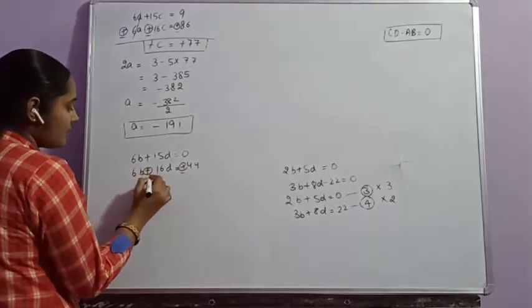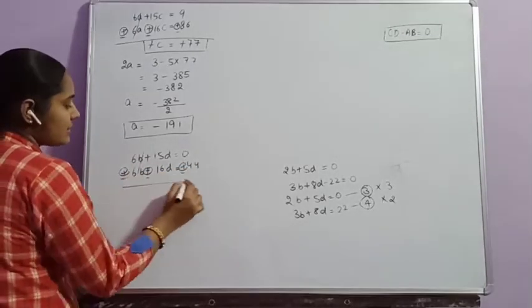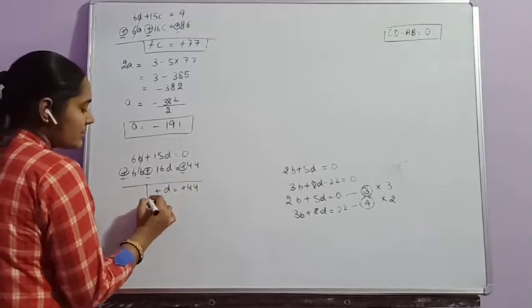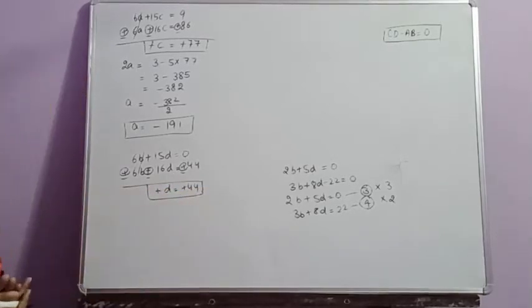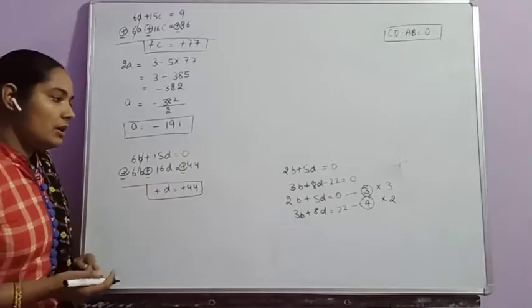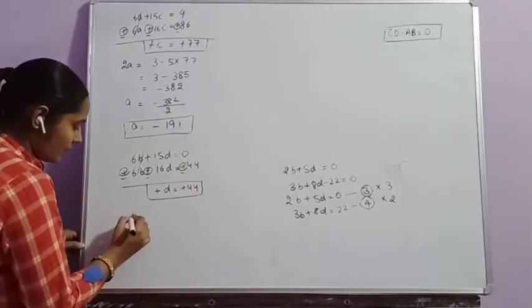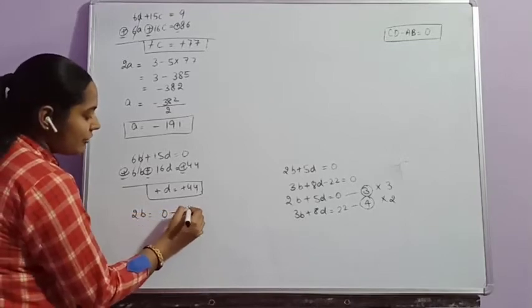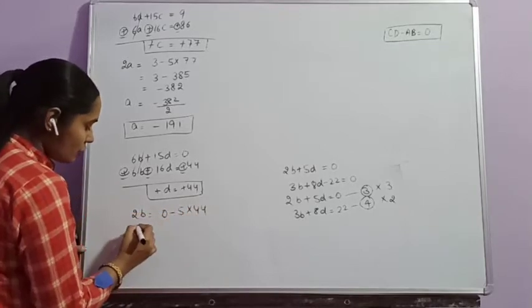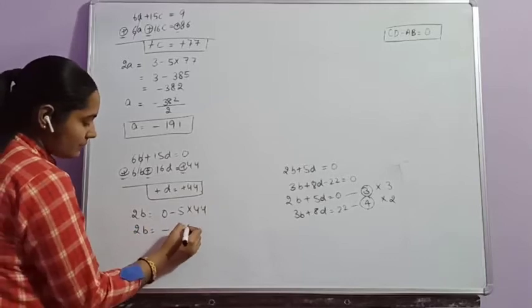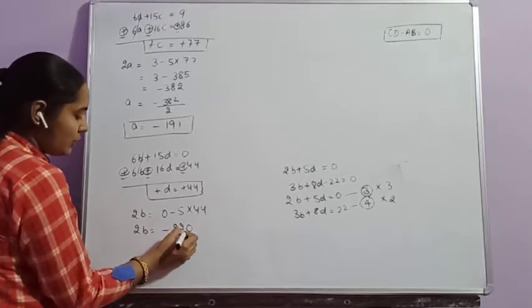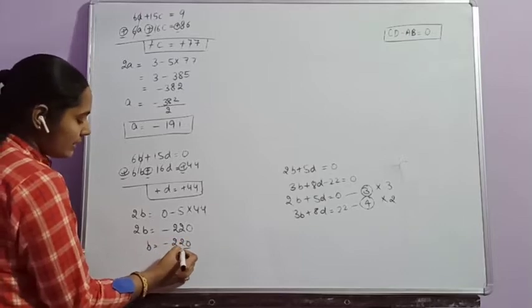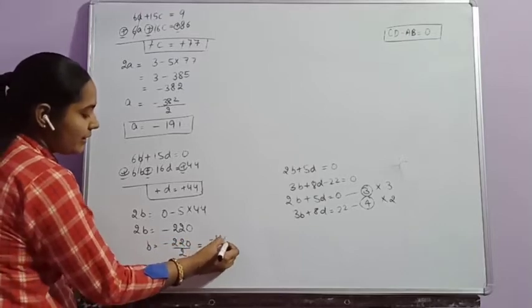Now subtracting, 6b is cancelled out, minus d equals minus 44. So the value of d is 44. Now we put the value of d in equation 3. Then 2b equals 0 minus 5d, and d is 44, so 2b equals minus 220, and b equals minus 220 by 2, that is minus 110.